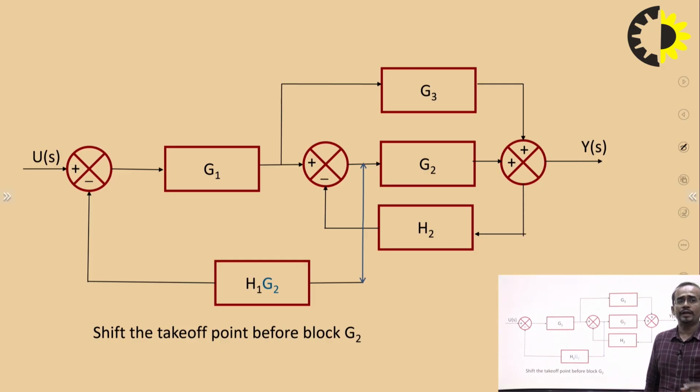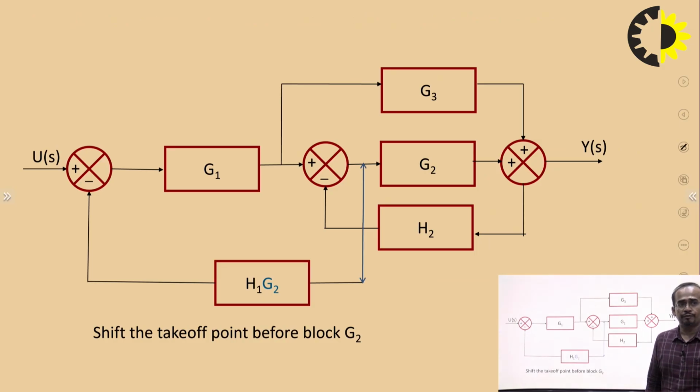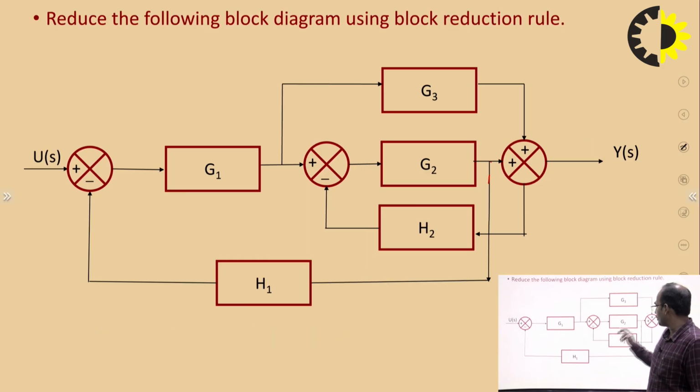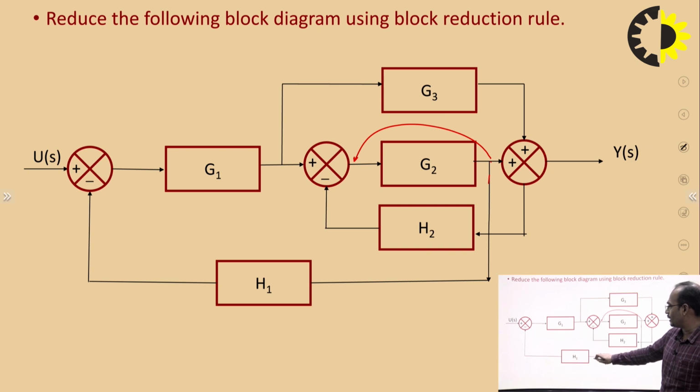If I shift this takeoff point before the block G2, then we have to multiply it with the gain of the block before which you are shifting.